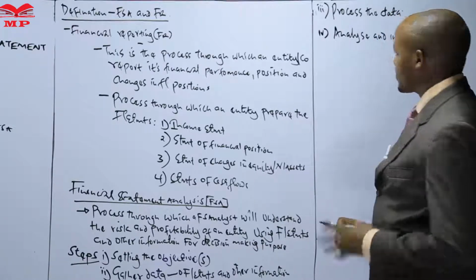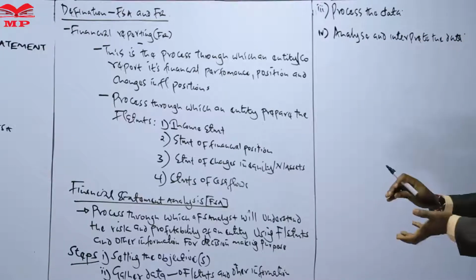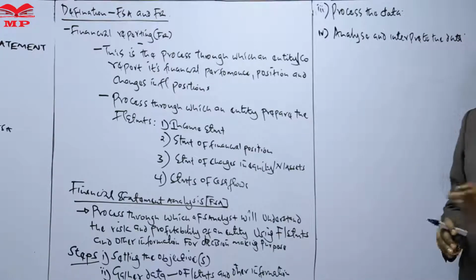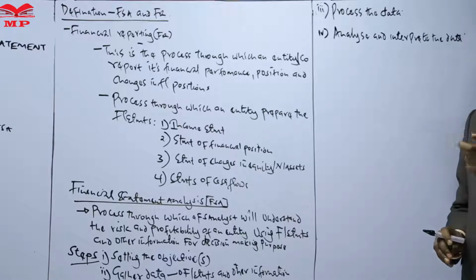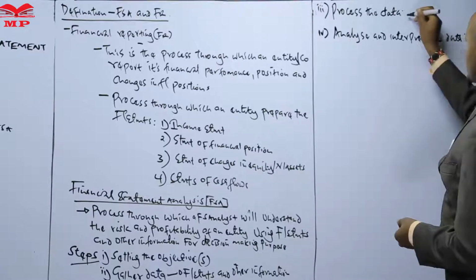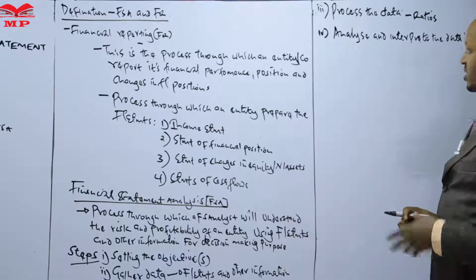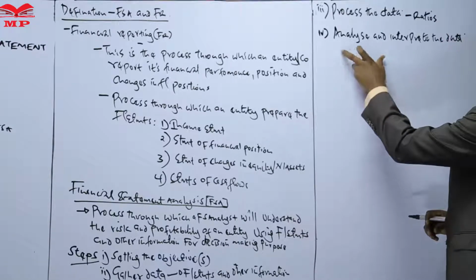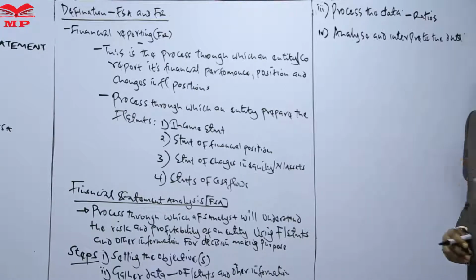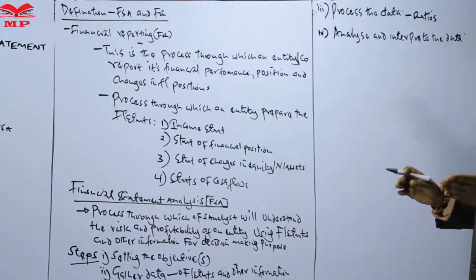So it means that once the financial statement analyst has processed that data, let's assume he has computed various ratios, in this step, the analysis, he will be required to analyze that information.